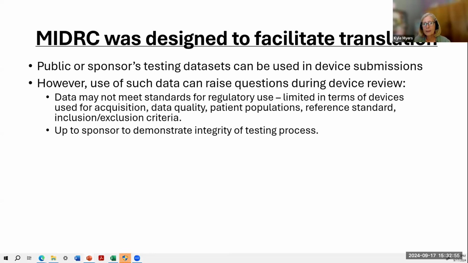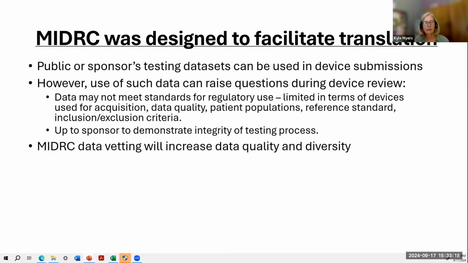But it's a reality that the use of such data can raise questions during device review. The data might not meet standards for regulatory use for a variety of reasons. Furthermore, it leaves it to the company to demonstrate integrity around ensuring that the testing process was wholly independent and separate from the development process.